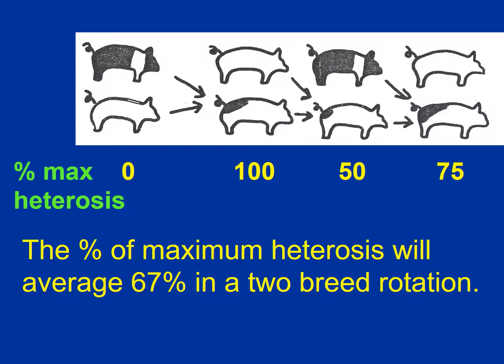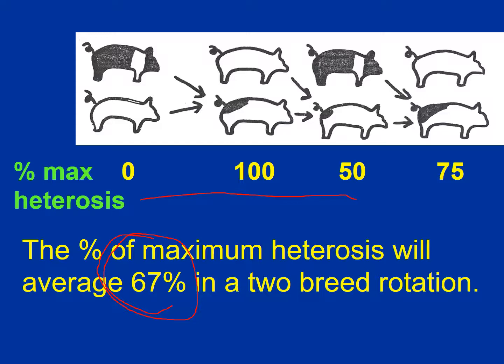But as we go along in the crossbreeding system, it bounces around a lot at first, but after 5 or 6 generations, it's going to be hovering right around 67% of the maximum heterosis.